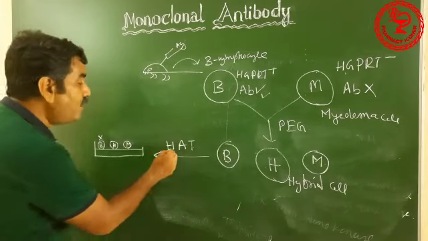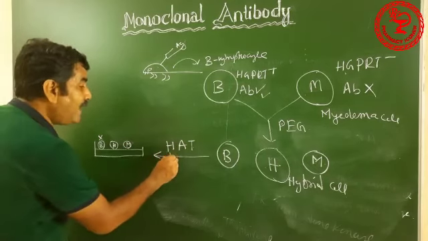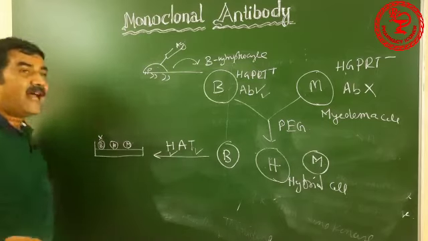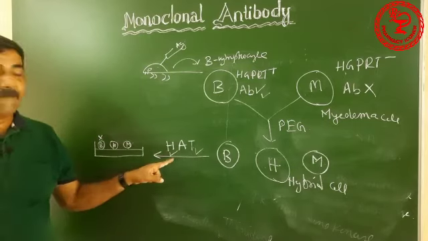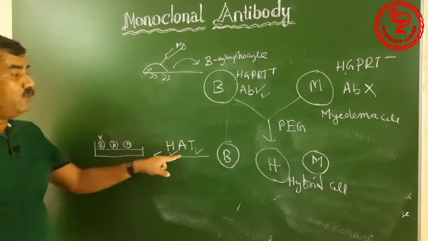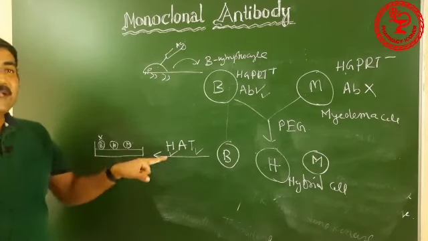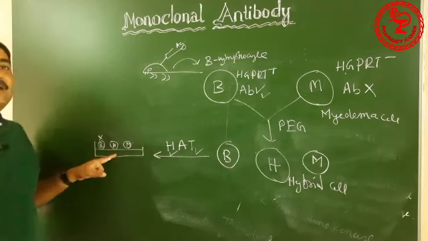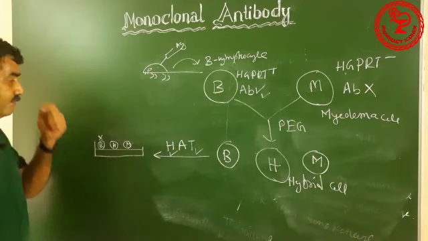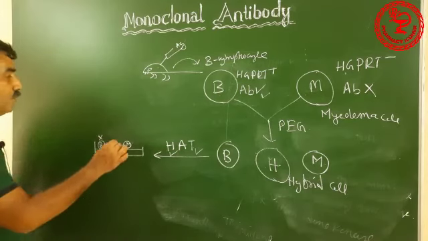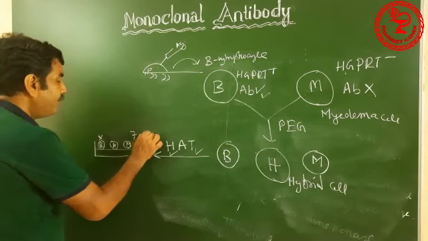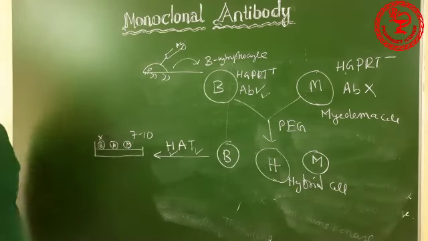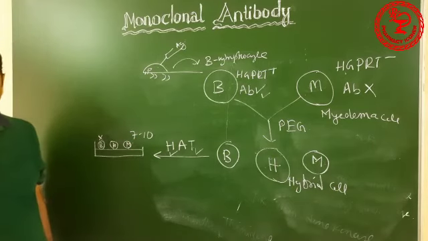So they cannot utilize hypoxanthine or thymidine to produce DNA. So they will die due to lack of the enzyme. But hybrid cells will survive within 7 to 10 days. Only hybrid cells will survive.